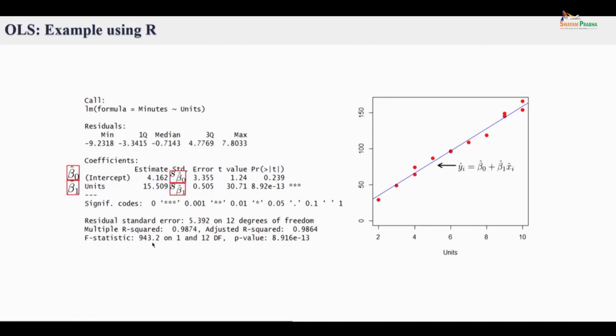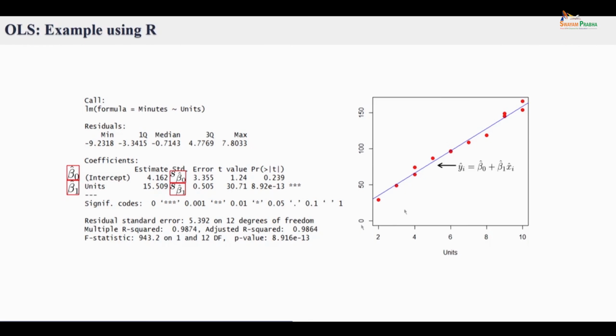Another way of deciding whether the slope parameter is significant or not is to look at the F statistic. Notice the F statistic is very high and the p value is very low, which means you will reject the null hypothesis that the reduced model is adequate, implying that you should include beta 1.